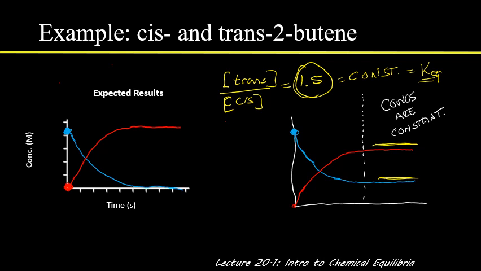Okay, so let's look at why it is that this reaction always ends up with a constant ratio of concentrations for the cis and the trans, and why it is that the concentration of cis doesn't go to 0.